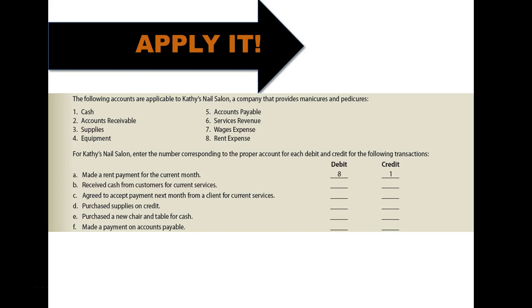D, purchase supplies on credit. What happens there? Does it get debited or credited? Yes, it gets credited. What gets debited? Supplies. E, purchased a new chair and a table for cash. What gets debited?